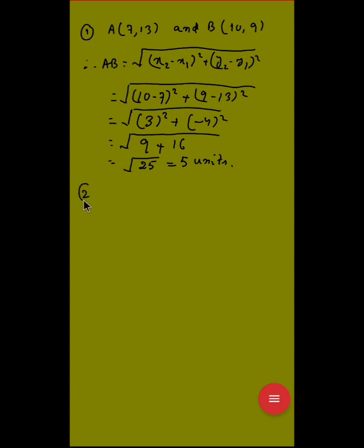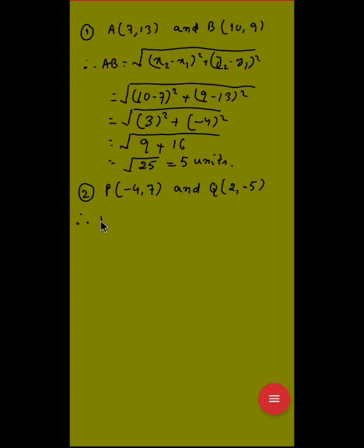Now I am just taking another question, and this time we are taking coordinate P equal to minus 4 comma 7 and Q is given by 2 comma minus 5. So again we are using the distance formula.